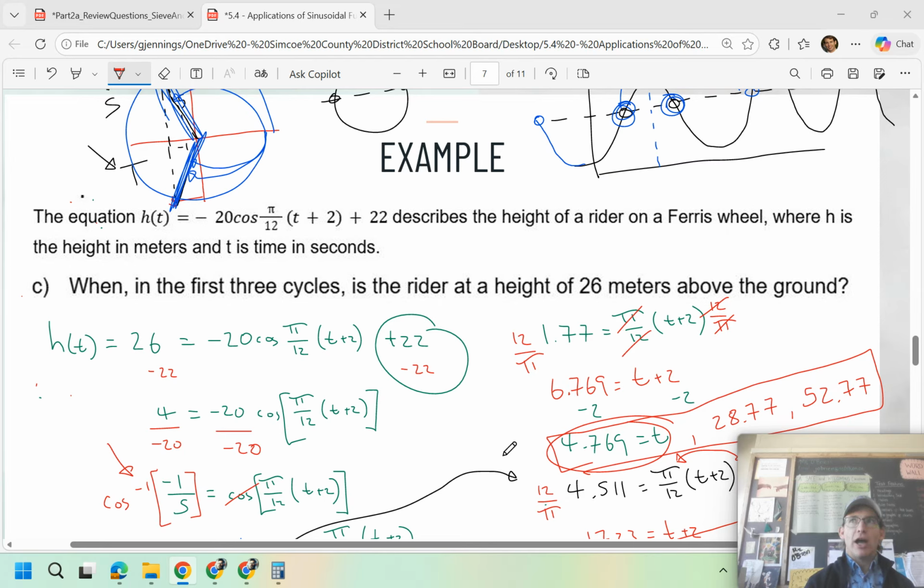You can go out onto the bay today and ask, what would the amplitude be? What would the period be? And the phase shift is entirely dependent on when I start observing it, right? And then what's the water level like? That's my C value. Those waves are literally sums of sine waves.